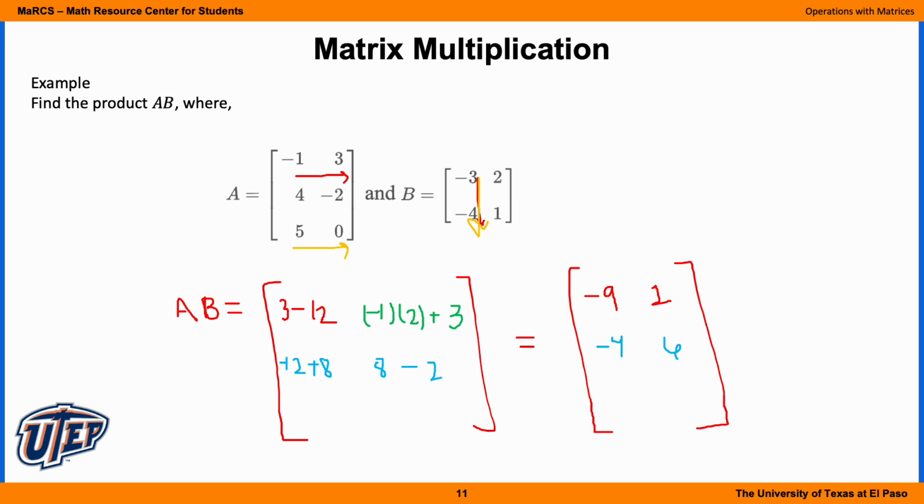So 5 times -3 is -15, and we don't have to write 0 times -4 because that'll just be 0. So now we do 5 and 0, and 2 and 1. So 5 times 2 is 10, and we don't have to do 0 times 1. So that'll be -15 and 10. And that is our matrix AB, so 3 by 2.